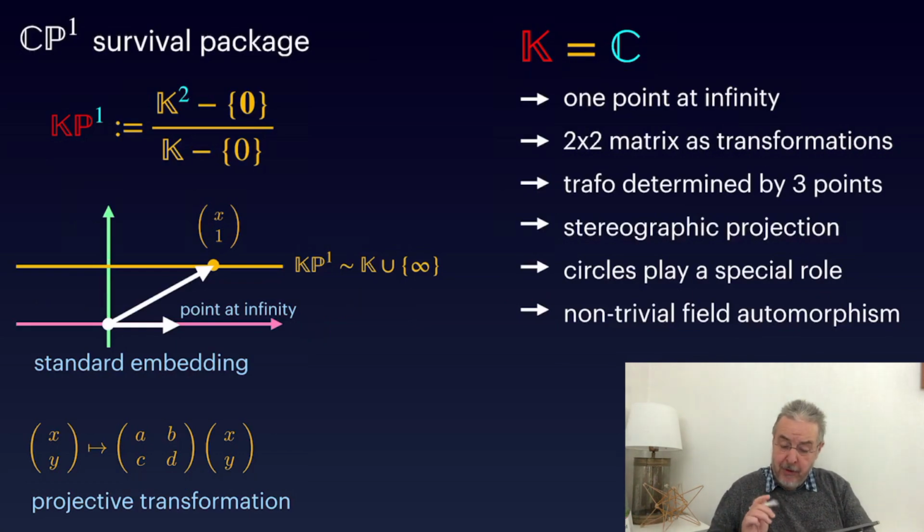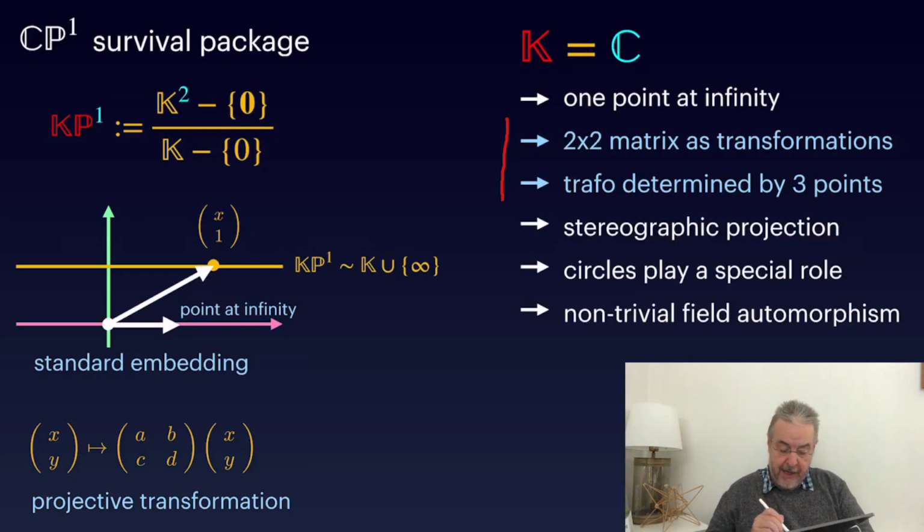So, two of those points, I want to take them apart and don't want to dive into much depth here. We already saw that 2 by 2 matrices determine transformations, and that if we have such a transformation, it's determined by 3 points. I don't have to explain that again. We already had that when we were talking about CP1, but I will use it later on.